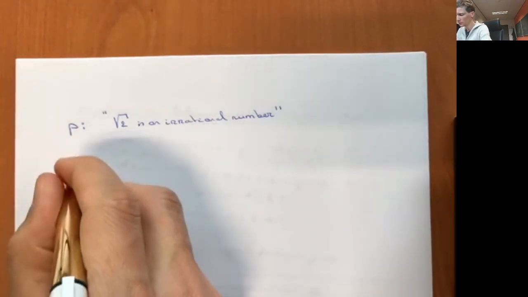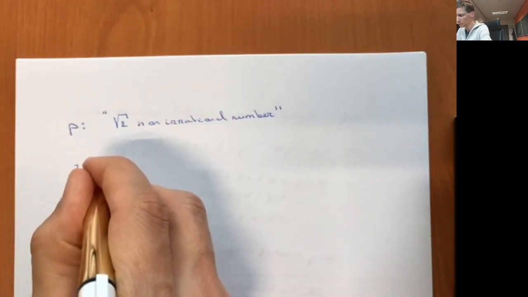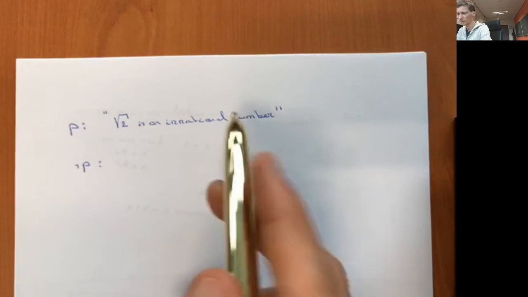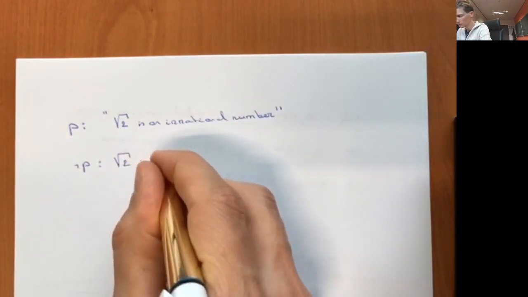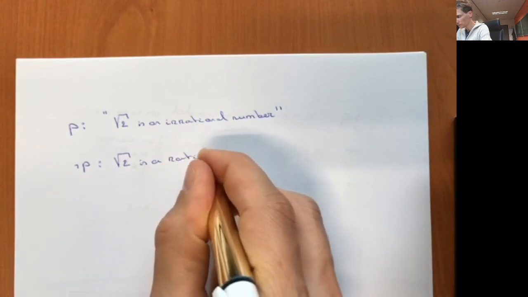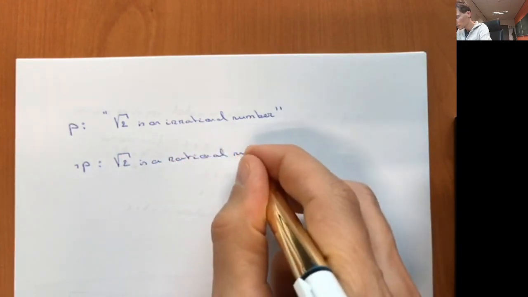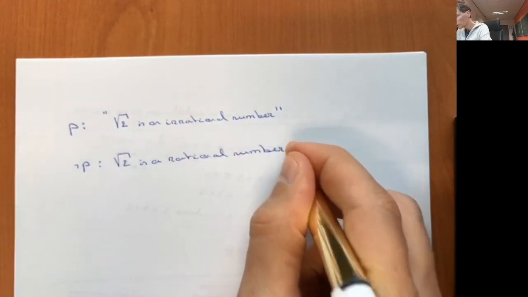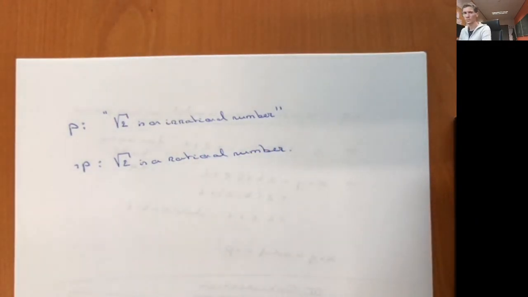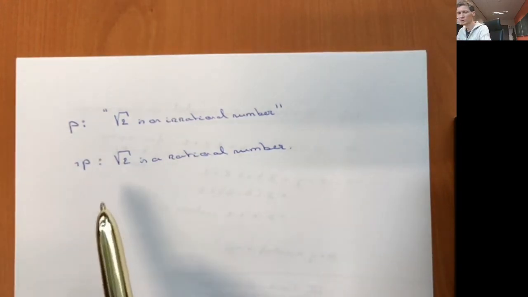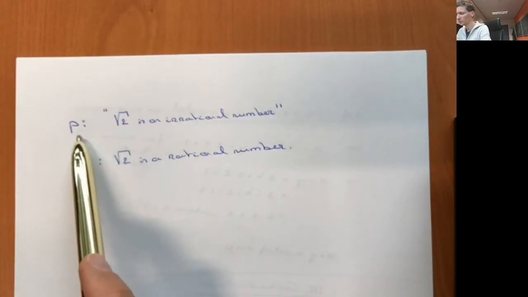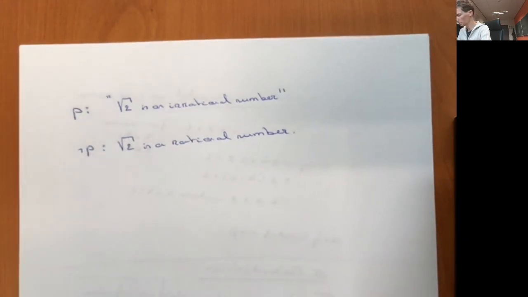So what are we going to do? We're going to assume negative P. What's negative P? Well, you have to negate P. Negative P says that square root of 2 is a rational number. So we're going to assume that this is true, and then in some sense we're going to get a contradiction. Once we have the contradiction, we know that this is false, so P has to be true.